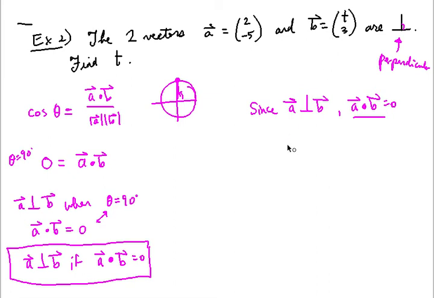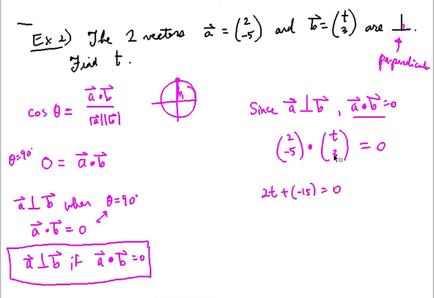So what's A? 2 and minus 5 dotted with T 3 should be equal to 0, right? So I need to solve for T. Well, this becomes 2T plus negative 5 times 3, so that would be minus 15 equal to 0. Actually, sorry, this should be minus 3.